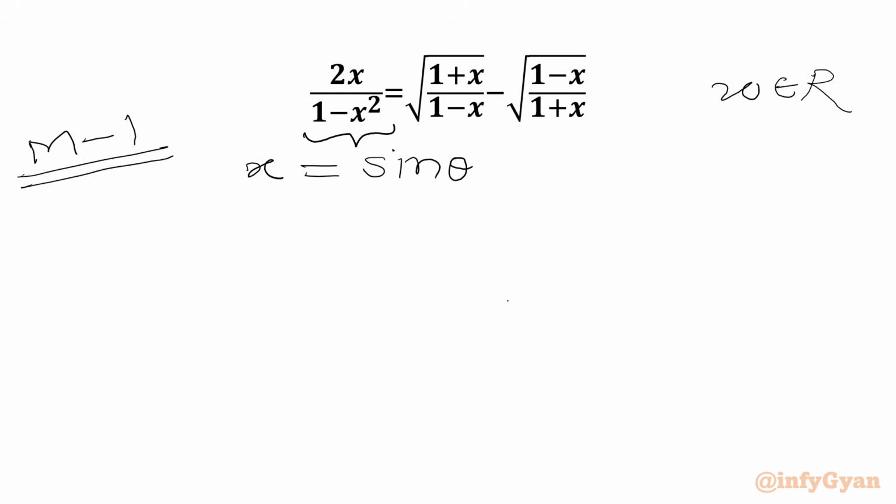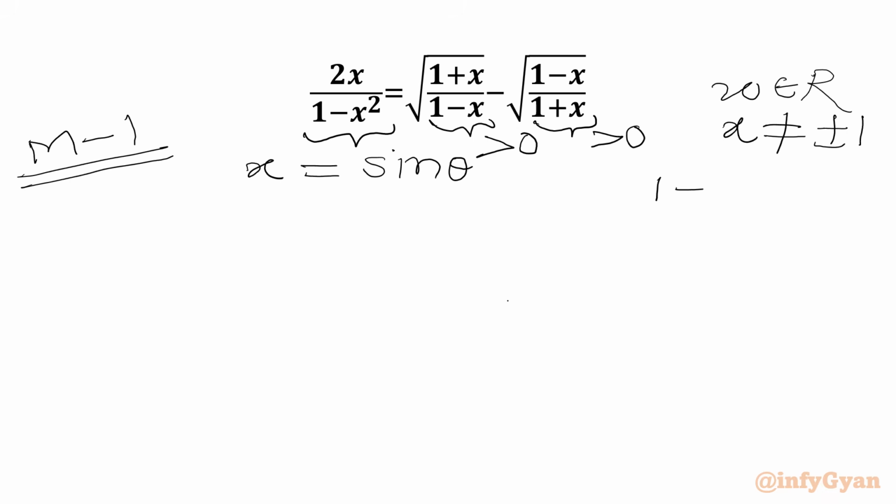But before that, we can write that our denominators cannot be 0. So x cannot be equal to plus minus 1. Now we can say for the expression to be real, this radicand must be positive.